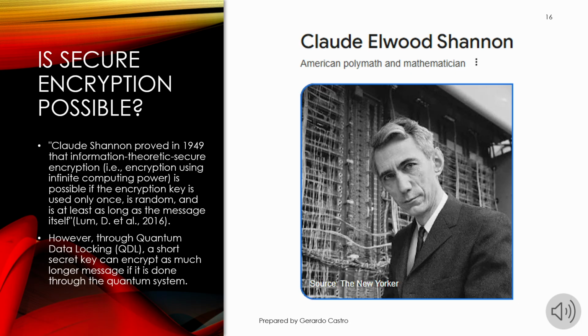But through the findings of quantum data locking technology, a short secret key can be used to encrypt a much longer message if it's done through the quantum system. So we no longer necessarily need a key the same size as the message. Next slide.